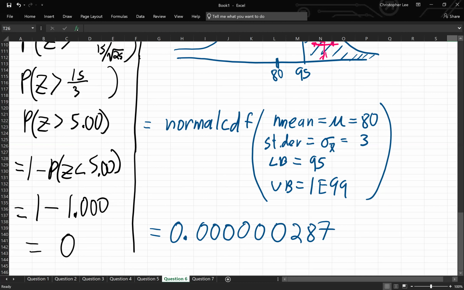So the probability of z less than 5.00 is 1, and then 1 minus 1 gives us 0, which is the same thing as this. I know this is not true 0, but you see how many zeros I have before I even hit the number 2? That's a really, really small number, like call that 0, you know? All right.